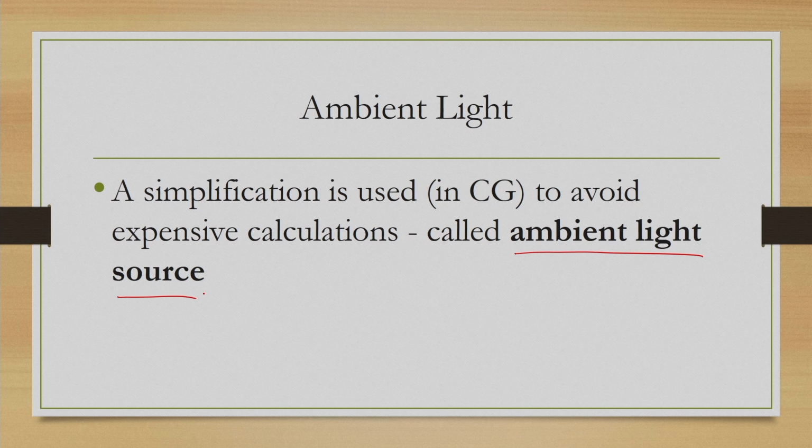So, we assume that there is an ambient light source which affects every surface point uniformly, which of course in practice is not the case, but we assume that, and we will see that that assumption leads to realistic images in most cases without too much additional computation.